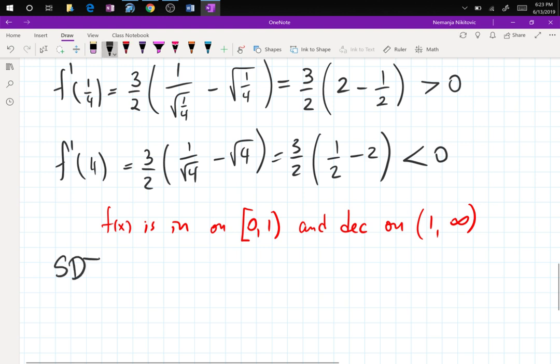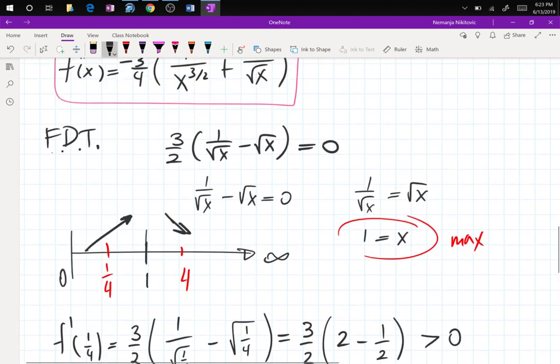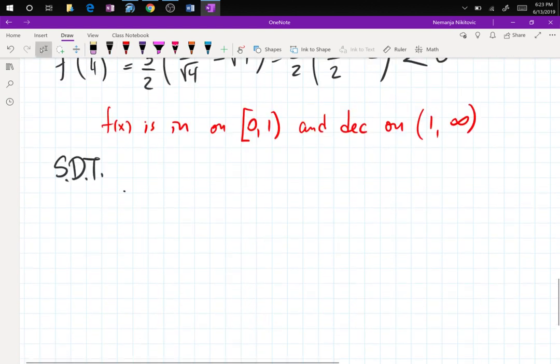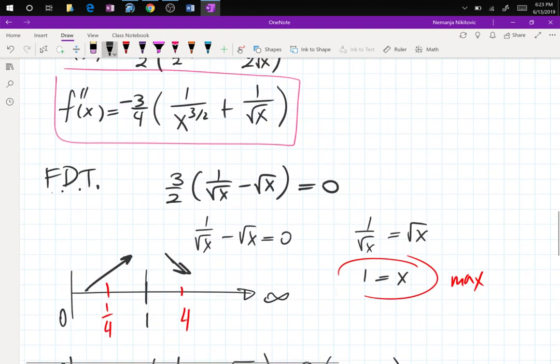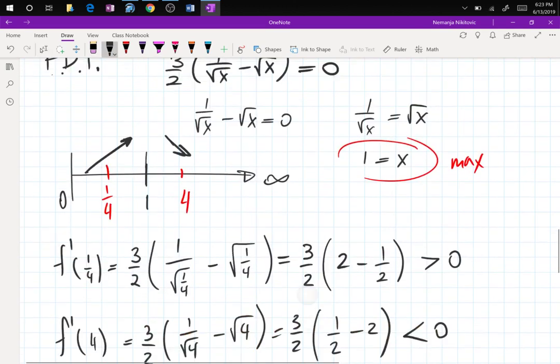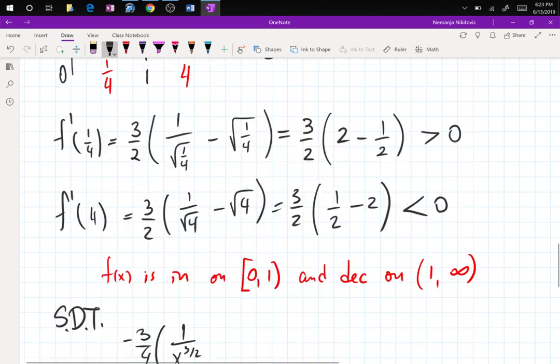Second derivative test, same thing. Same procedure, same steps as the first derivative test, except we use the second derivative function. So the second derivative is negative 3/4 times 1 over x to the 3/2 plus 1 over root x.